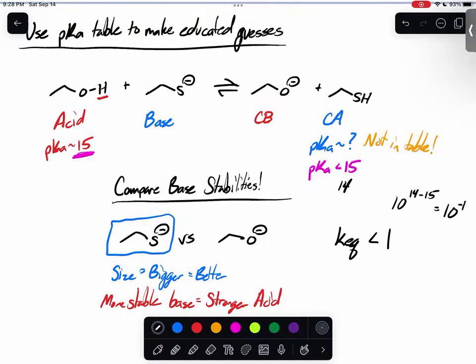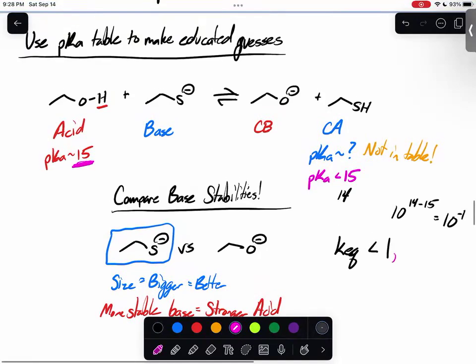Okay? That's a way that you can think about this, and it tells us that our equilibrium is reactants favored. All right? And this is a fine way to think about it.